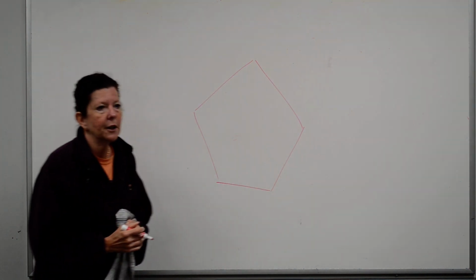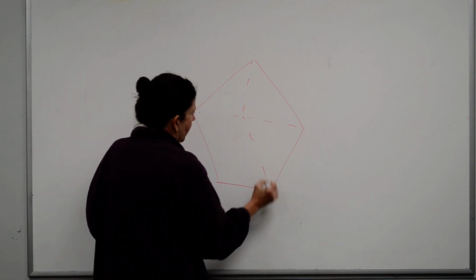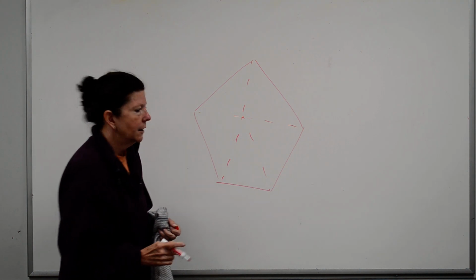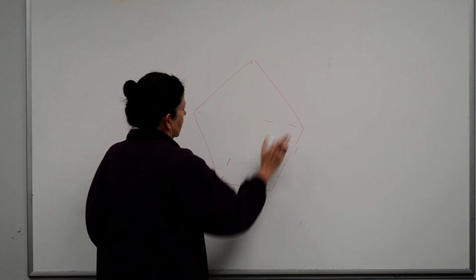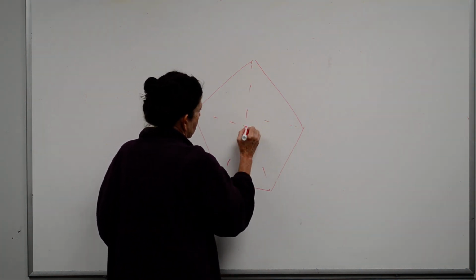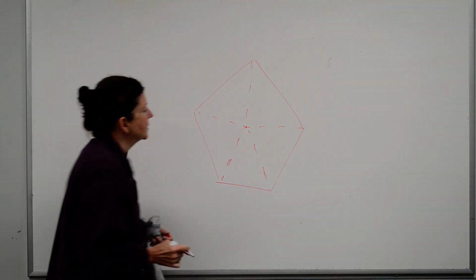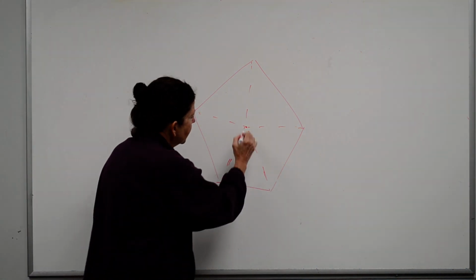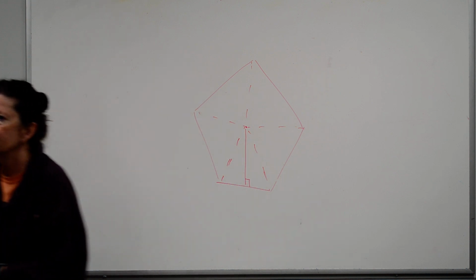Okay, five-sided figure, which means there's 5 triangles in it. Okay, which don't at all look consistent. So the apothem, remember, is the line perpendicular to a side.